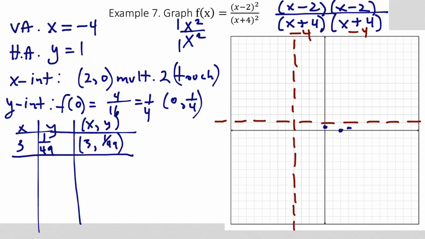So let's just check it out. So I'm going to put 10 in there. So I've got 10 minus 2, that's 8. 8 squared is 64. And then I've got 10 plus 4 is 14. 14 squared, well, I think it's 196 or something like that.